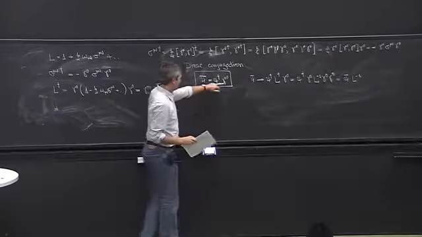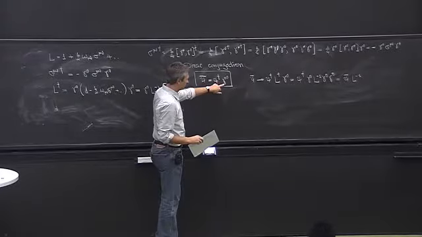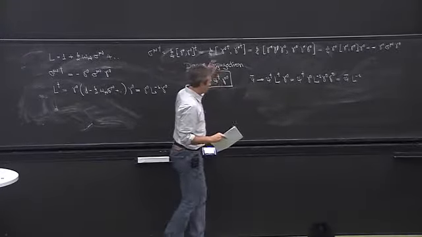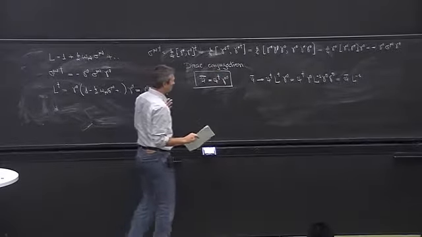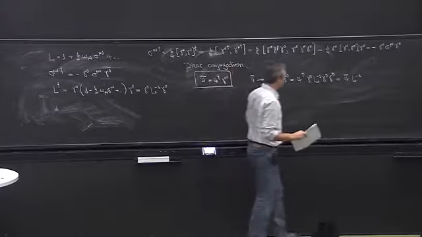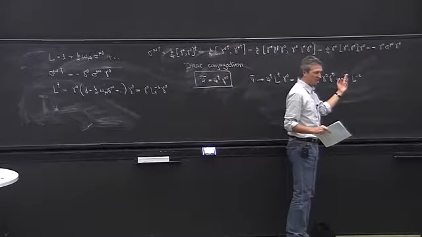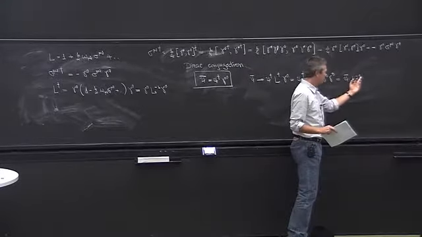So multiplying by gamma 0 makes L minus 1 from L dagger.